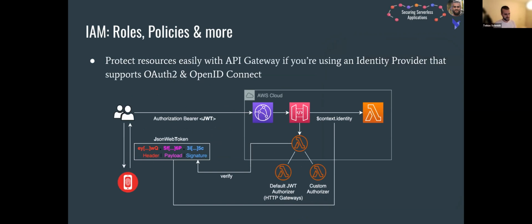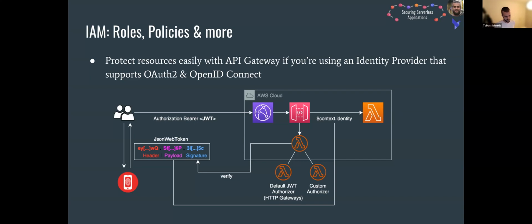Then one more thing about OAuth 2 and OpenID Connect. If you have some identity provider, it really, really easily integrates with your serverless application, because you can just assign a JWT authorizer to your API Gateway.